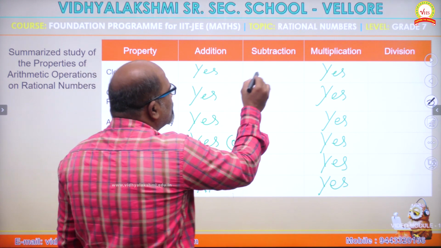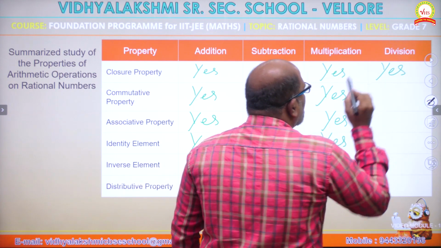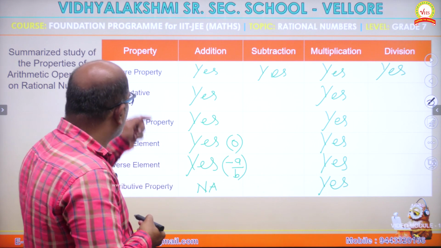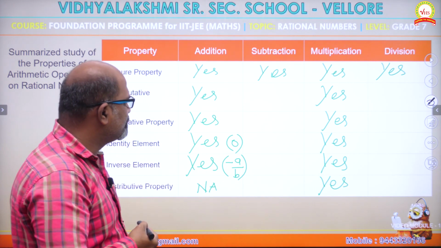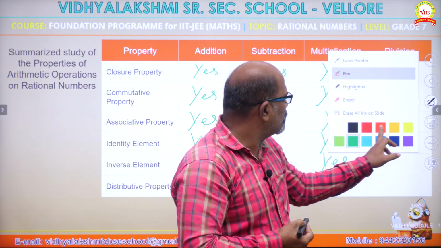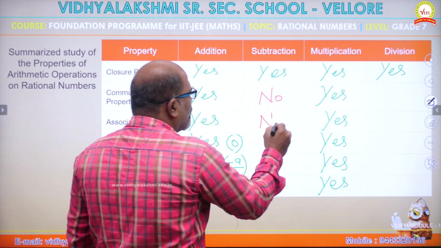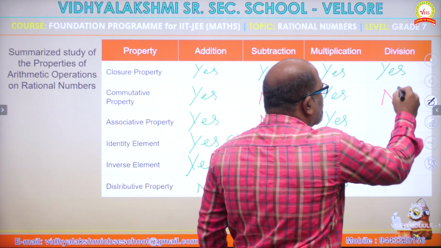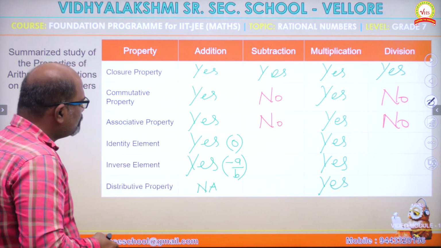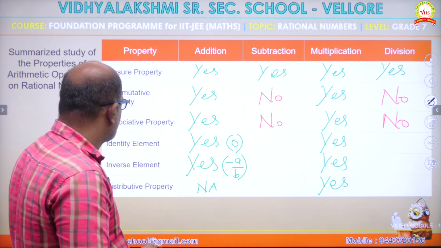So all are satisfied in the case of multiplication. But for subtraction, only the closure property, and also for division, the closure property alone is satisfied, whereas the commutative and associative properties definitely will not be satisfied. So I want to write that these two properties will not be satisfied in the case of subtraction and division.